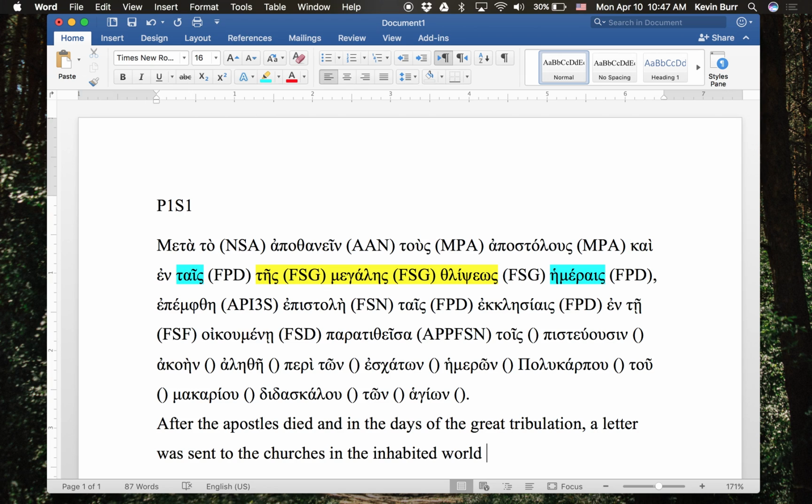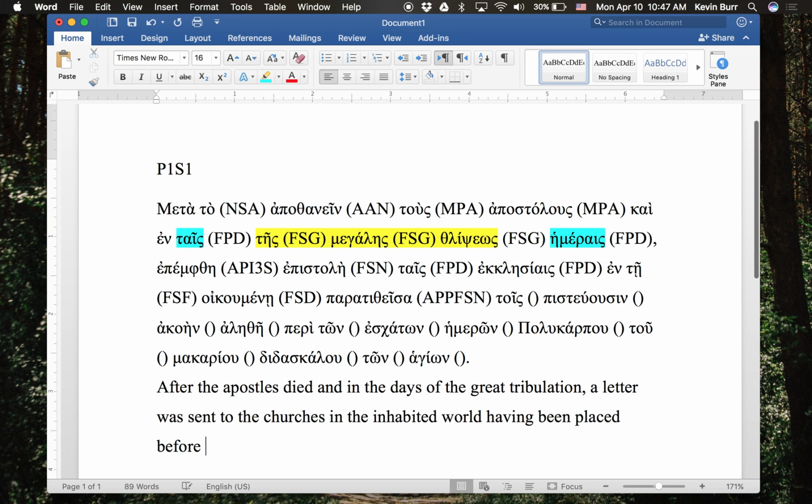And then, I think parathetheisa, because it's nominative, is describing, referring to epistole. It's also aorist passive, so having been placed before.